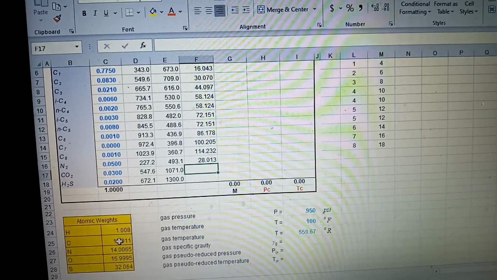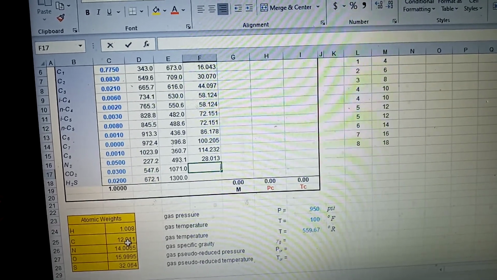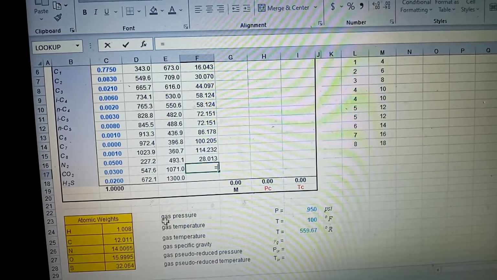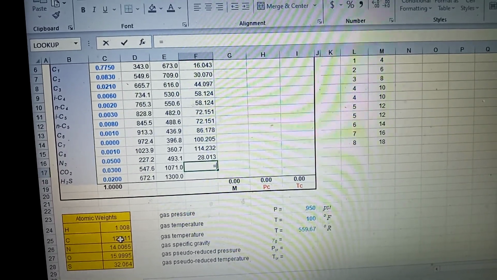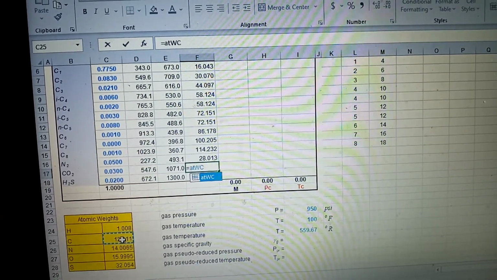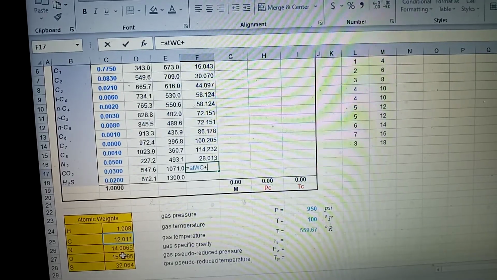Then the next one is carbon dioxide. So equals atomic weight of carbon, 1 carbon. So I don't need to do 1 multiplied by, I just click on carbon. Then I do plus 2 oxygen. So I click on oxygen.